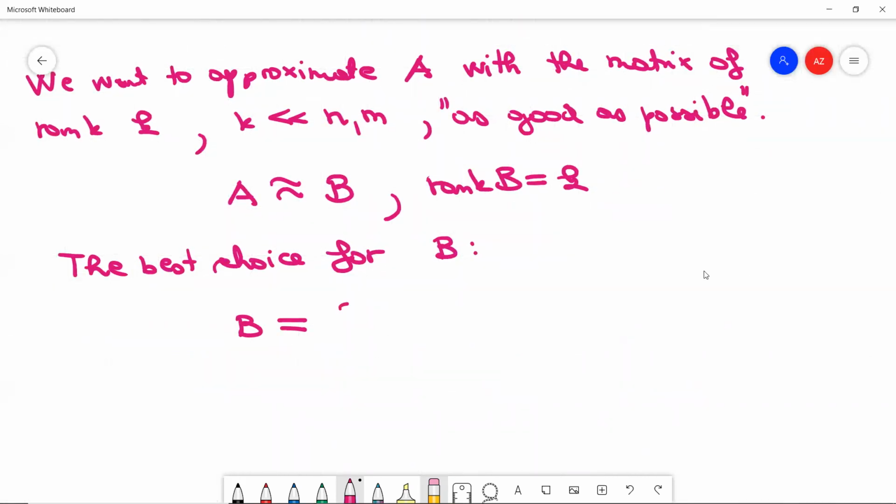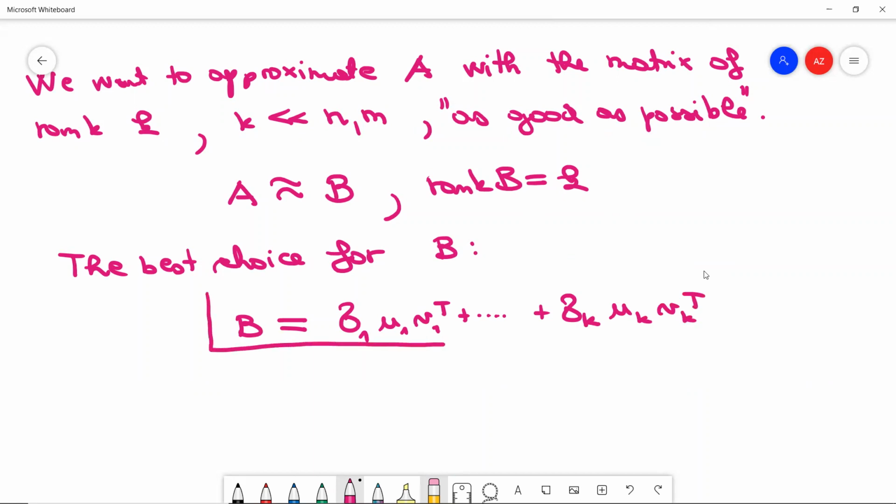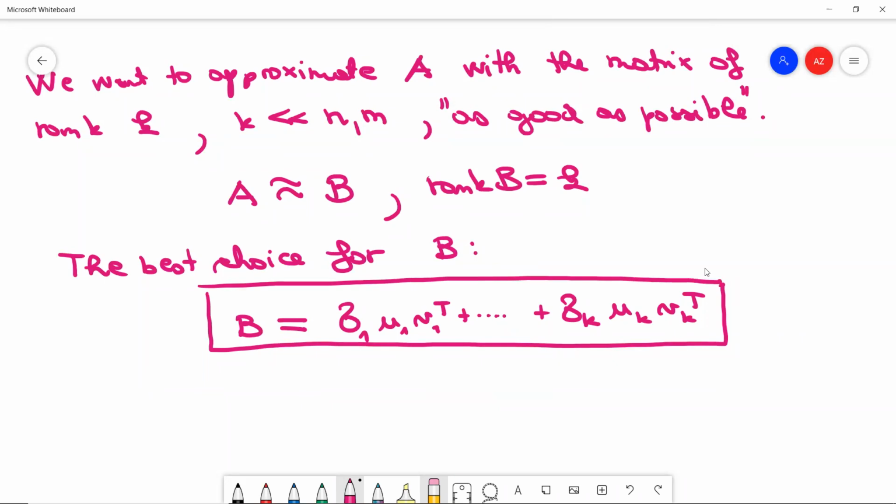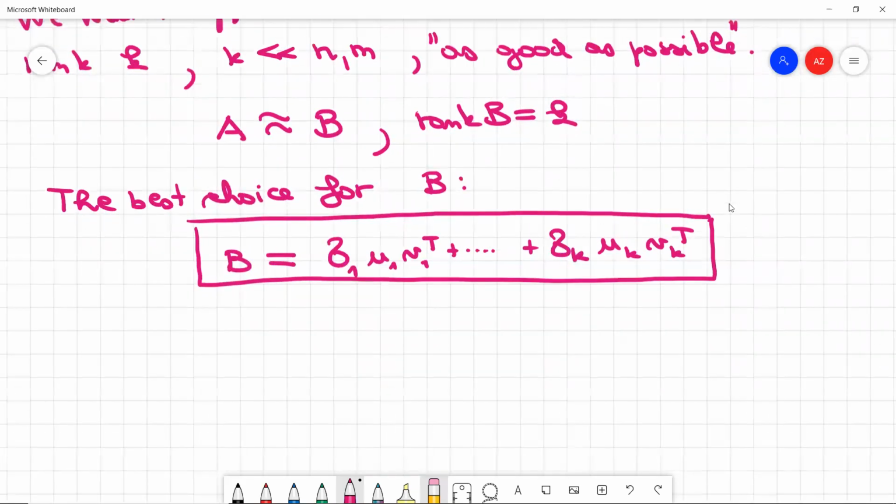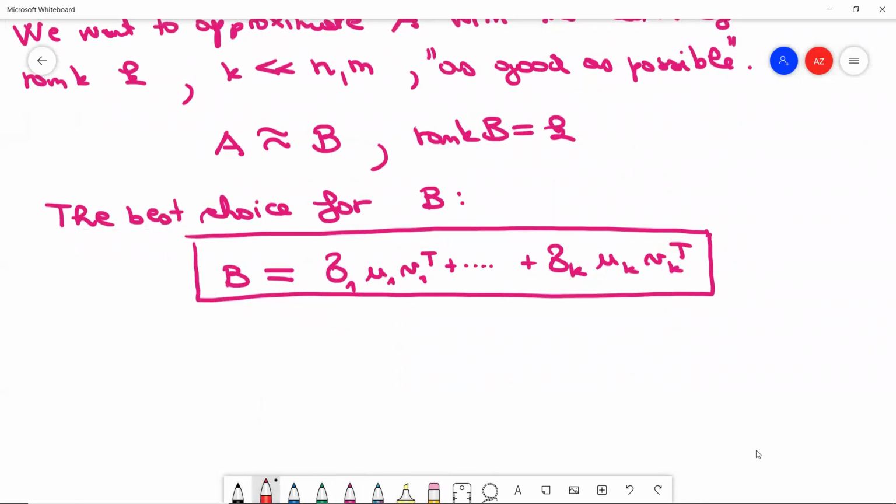B is sigma 1 U1 V1 transpose plus ... plus sigma k Uk Vk transpose. And as good as possible, what does this mean?